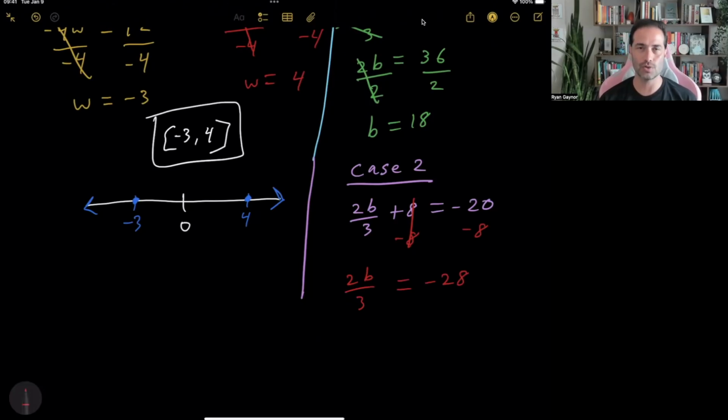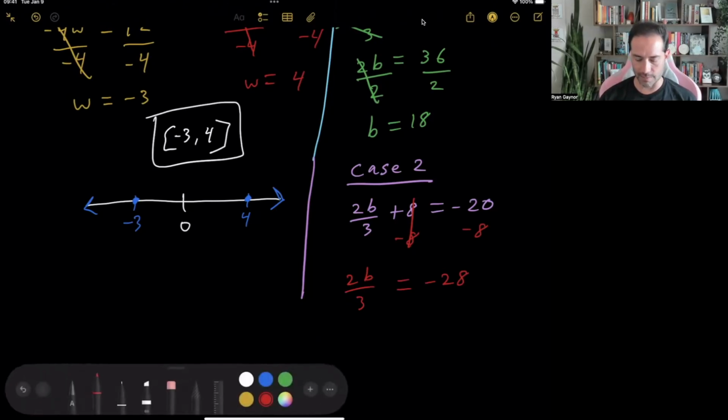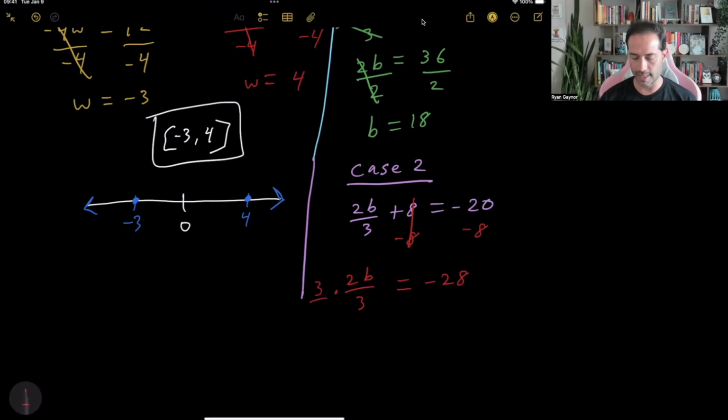Instead of saying 2 times b divided by 3, I could just say 2/3 times b. So the opposite of that would be to multiply by 3/2 on both sides.